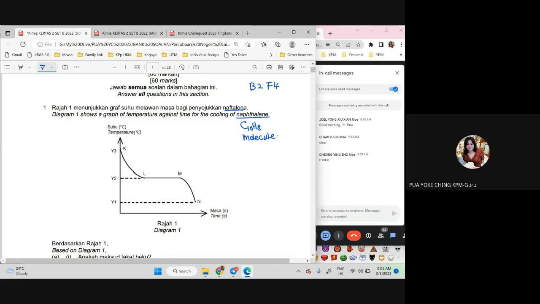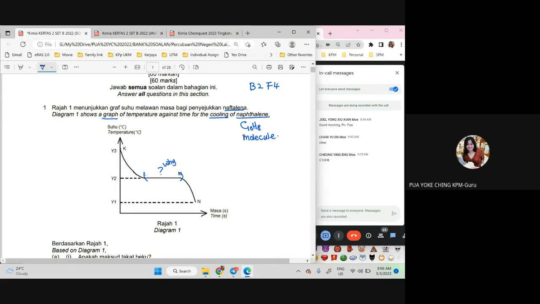Because in Chapter 2, if you are given a graph, whether cooling or heating, they will always ask what happened at this temperature. Why does the temperature remain constant?